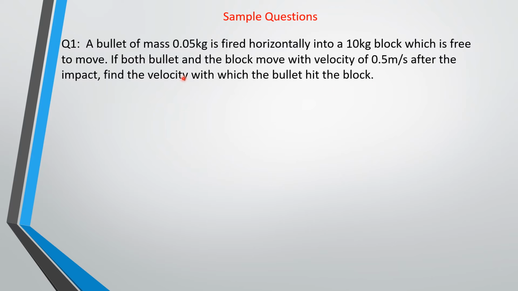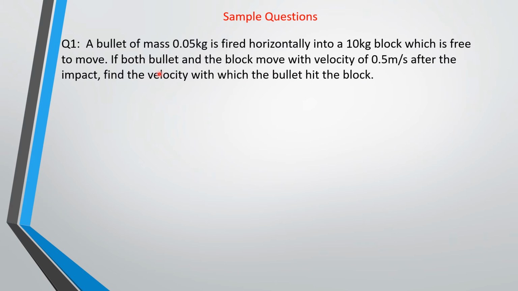So when you look at this question, the bullet has a mass of 0.05 kg, the block has a mass of 10 kg. But if you look at the question very well, you see that the bullet is moving while the block is stationary. So the initial velocity for the block will be equal to 0, but that of the bullet is what we are looking for.